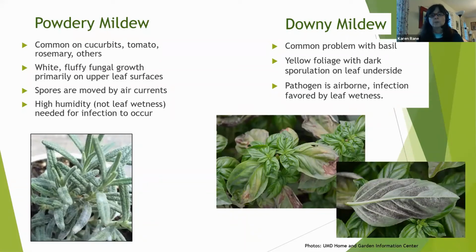Downy mildews tend to produce their sporulation on the undersurface of leaves. And in the case of basil downy mildew, it's kind of a dirty grayish black look and fuzzy on the undersurface. Other downy mildews are whiter than that, but the sporulation invariably occurs with downy mildews on the undersurface of the leaves.